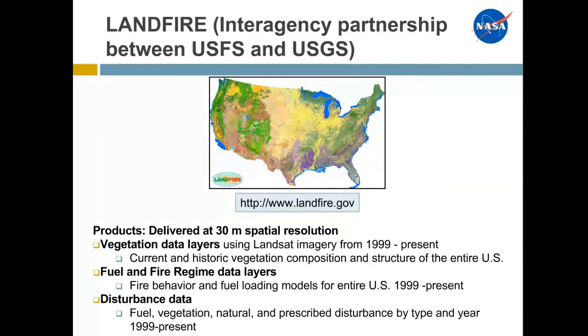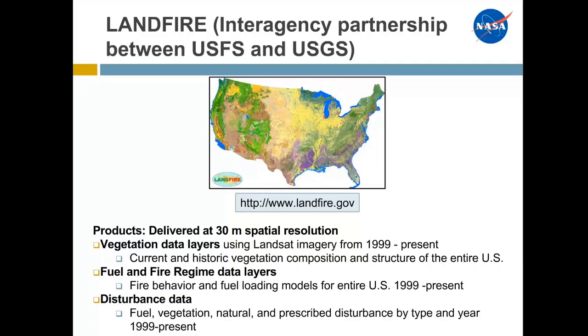The LANDFIRE mission is to improve fire and natural resource management. This program provides a national inventory of geospatial data, vegetation composition and structure, fire behavior and effects, fuel loading models, and fire regime conditions of the entire U.S. from 2006 to present.